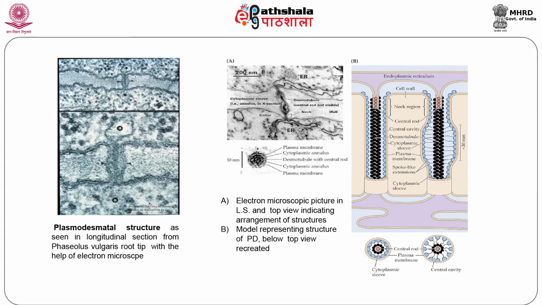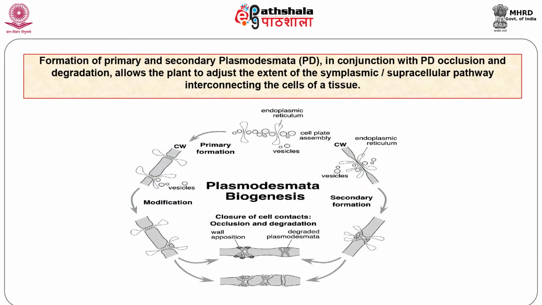across the Plasmodesmata. In this slide, we are going to see formation of primary and secondary Plasmodesmata. In conjunction with PD occlusion and degradation, it allows the plant to adjust the extent of symplasmic or supracellular pathways interconnecting cells of a tissue.